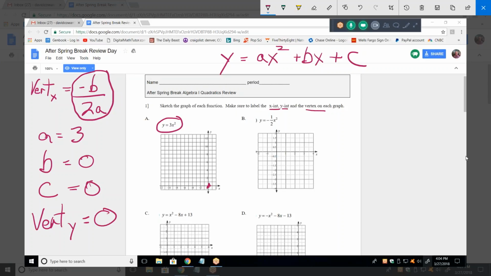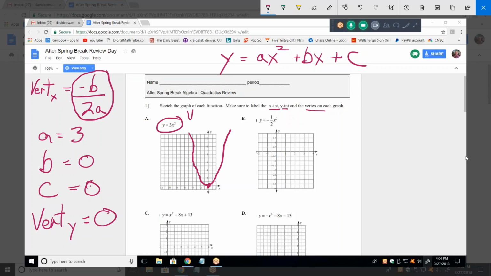That tells us our vertex is at 0, 0. And this thing is going to look basically like that. I know it opens up because it's a positive 3. If there's a negative a, then it opens down.